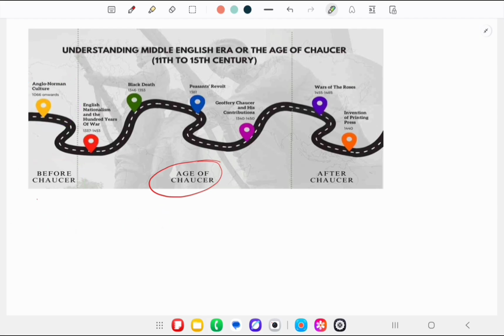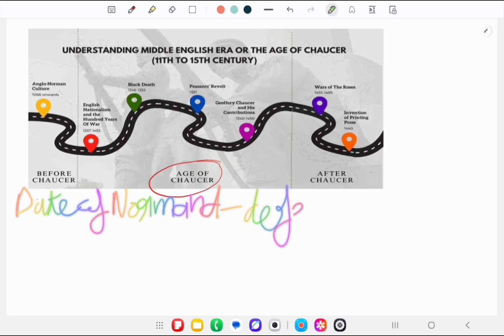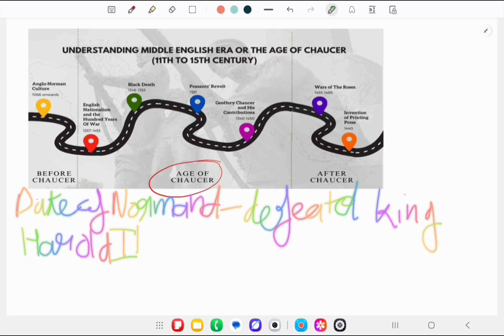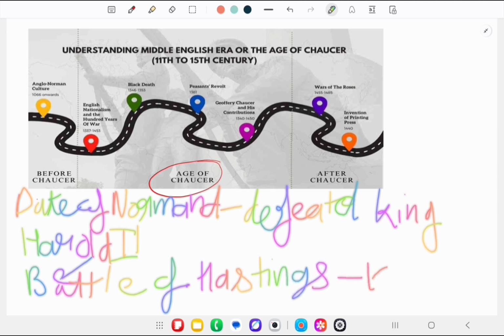The Old English or Anglo-Saxon era ended with the Norman conquest of the 11th century, where William, the Duke of Normandy, defeated King Harold II at the Battle of Hastings in 1066 through Norman victory, which I already told you.